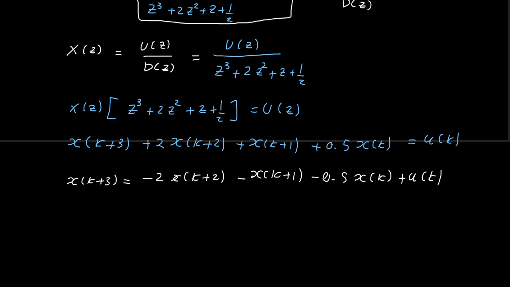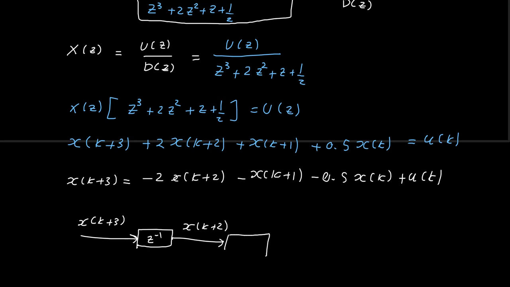Now, how many delays do I need in order to find x of k? If I'm starting from x of k plus 3, so this is the x of k plus 3, using the first time delay, we will construct the x of k plus 2.